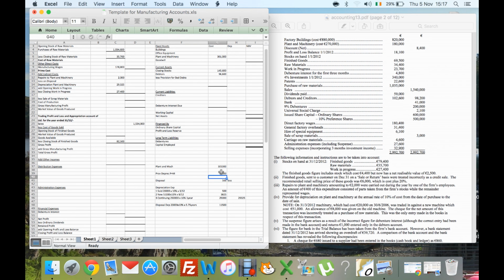So my provision for depreciation started off as 90 grand. I'm taking out the depreciation on the thing that I sold, which is 11,500. That's depreciation over all the years I had it. And I'm going to add in the depreciation on all of the vehicles that happened during this year. So the total figure then is 107,825, and that's the figure that goes there.